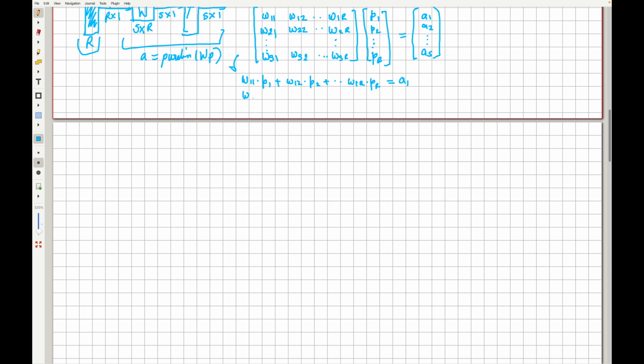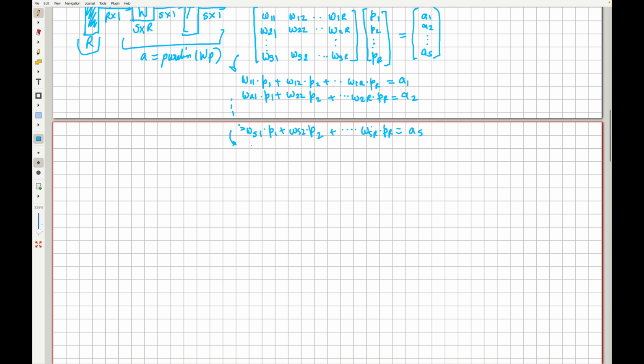Likewise, W21 P1 plus W22 P2 plus all the way up to W2R PR, and that is A2. And finally, if we generalize this, we can write WS1 P1 plus WS2 P2 plus all the way up to WSR PR, that is equal to AS.